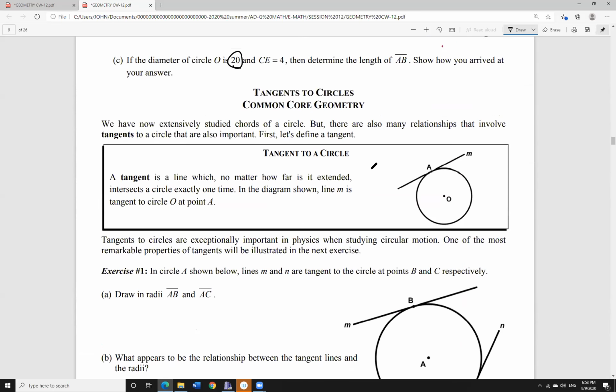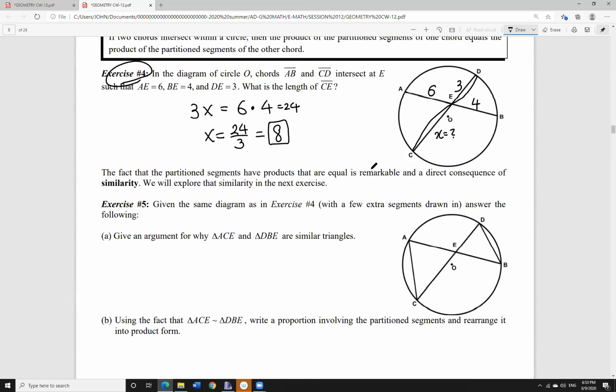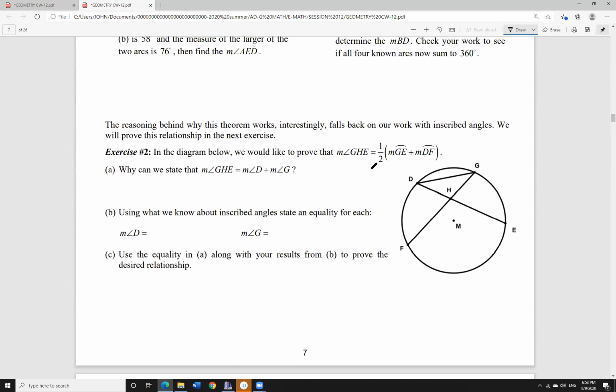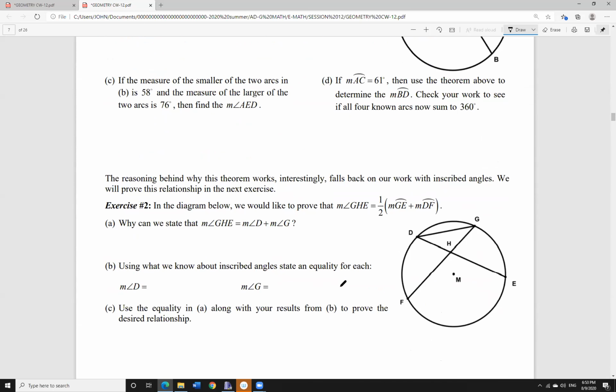Over here, I saw some angles. Where are they? Okay, this angle is GHE, right?